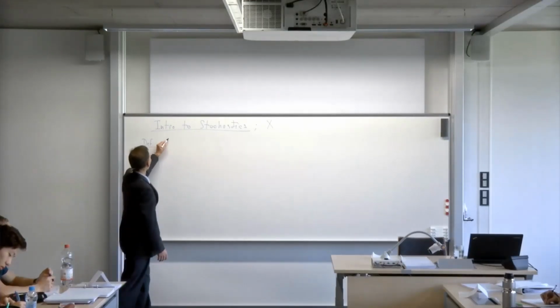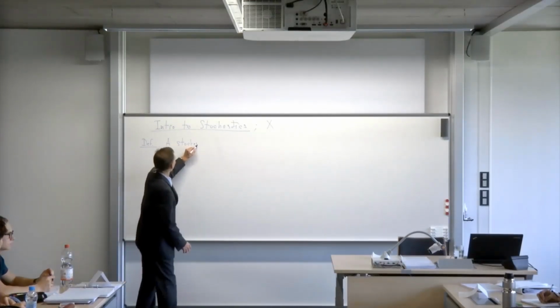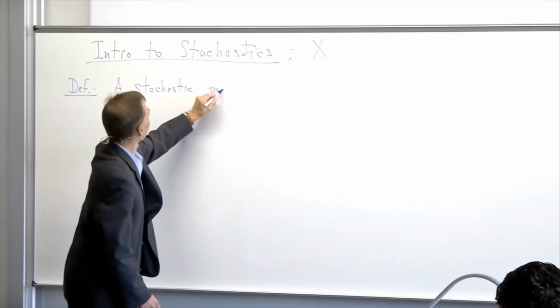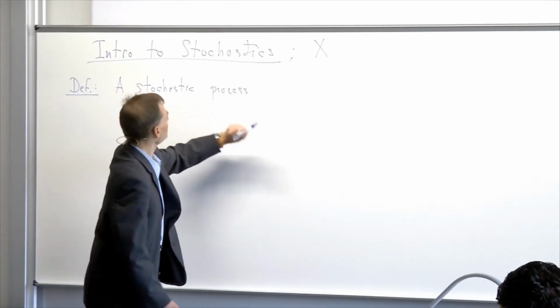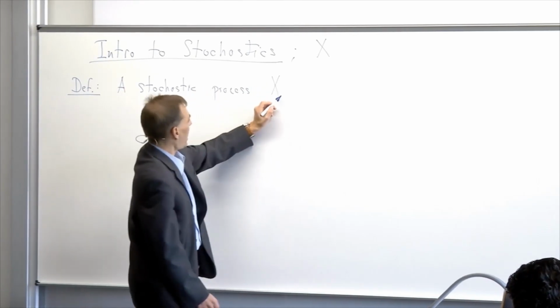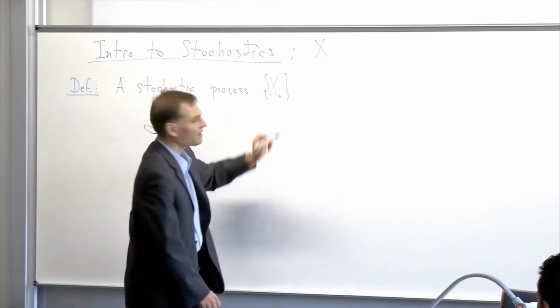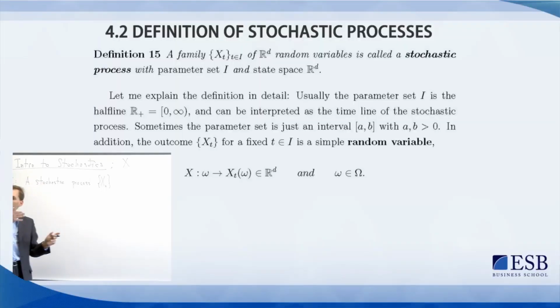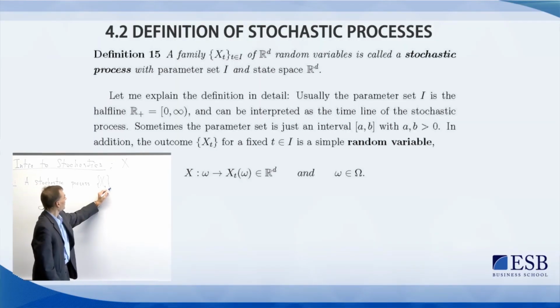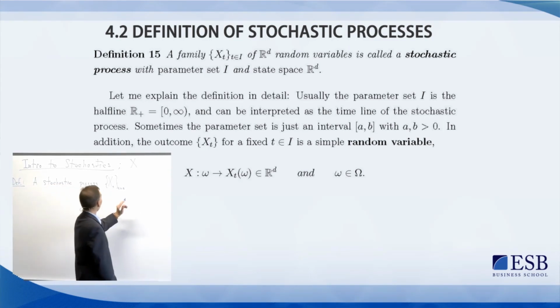So, definition: a stochastic process, and I will call it also X, but now it's a set dependent on T. It's a sequence of random variables over time. And let's say T starts at 0 and then continues.